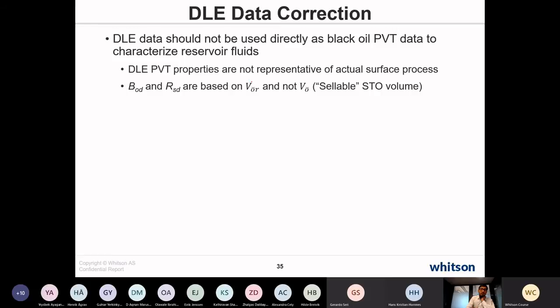The residual oil volume is produced in the PVT experiment during depletion, keeping the reservoir temperature high, but the stock tank oil volume is generally produced by taking the equilibrium reservoir oil phase and passing it to the surface process conditions, where we have a stock tank oil condition as well.